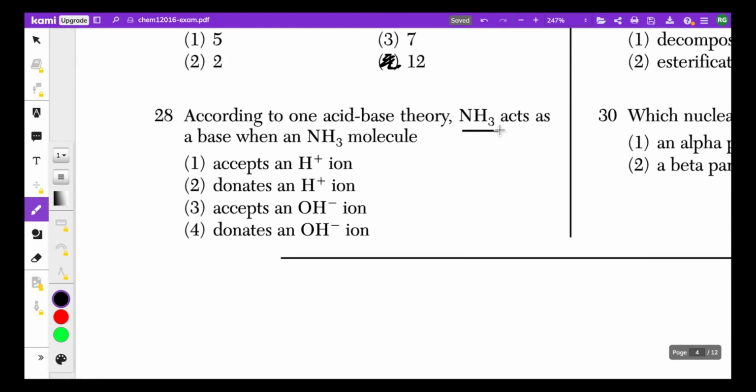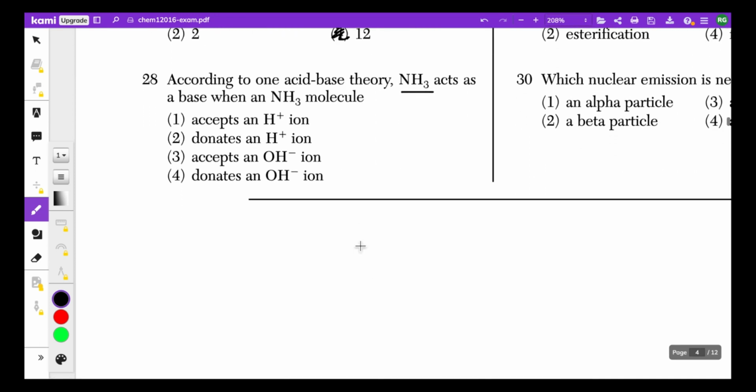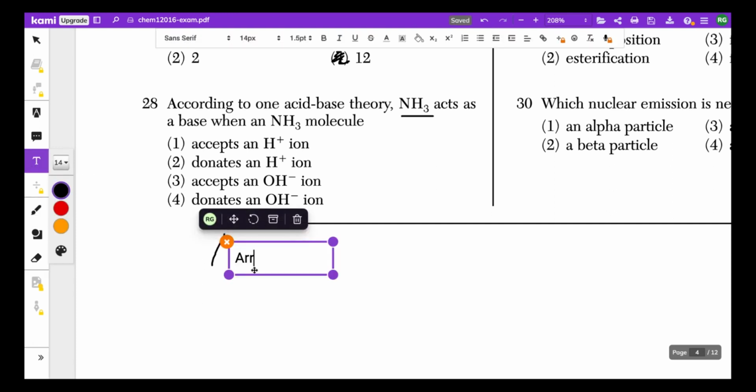NH3. So also this one you kind of have to memorize. Instead of Arrhenius acids and Arrhenius bases, we're looking at Bronsted-Lowry acids and Bronsted-Lowry bases. Now, Arrhenius bases, all right? I don't even know how to spell his name.